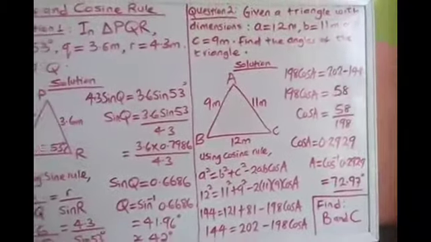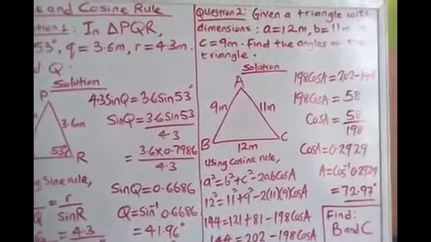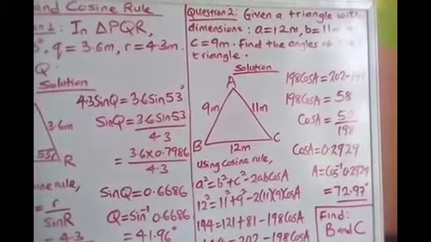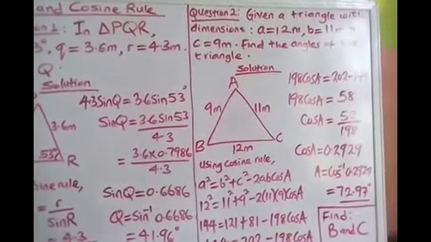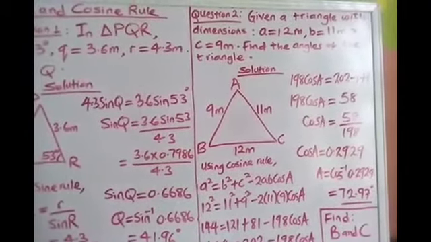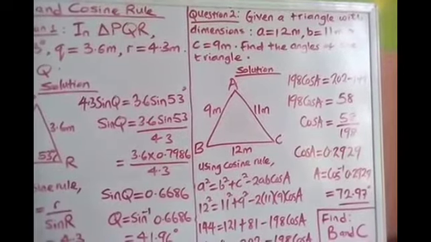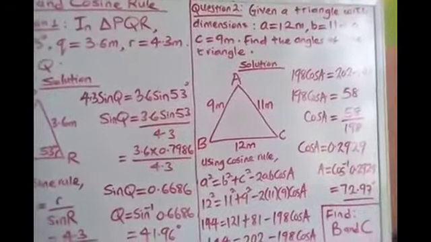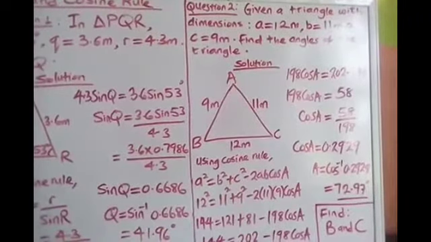Now, the second question says, given a triangle with dimensions small a equals 12 meters, small b equals 11 meters, and small c equals 9 meters, find the angles of the triangle. Here, class, we see that all the sides of this triangle are given.